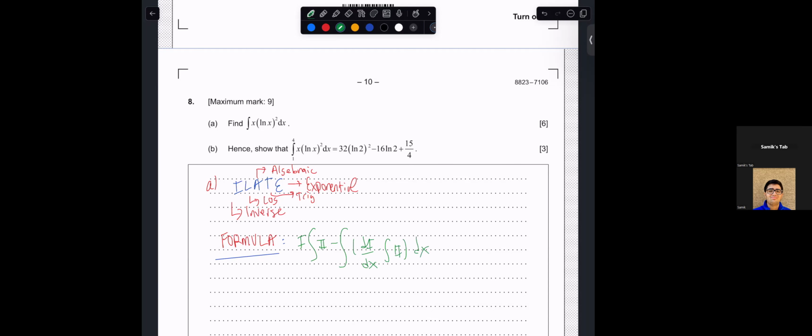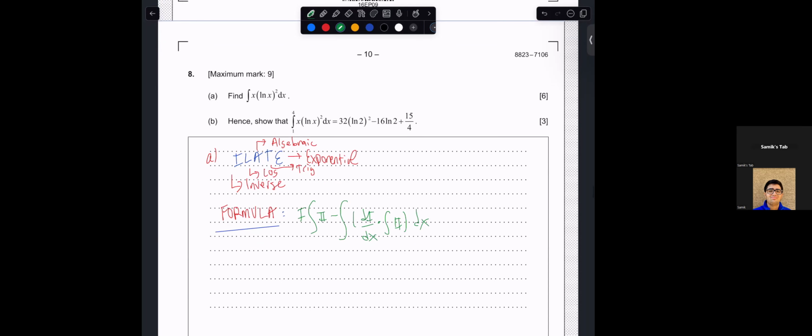This is the general formula: it is number 1 into the integral of number 2, subtracted by the integral of the derivative of number 1 into the integral of number 2, and you take the integral of this whole thing. Okay? So that's the formula.